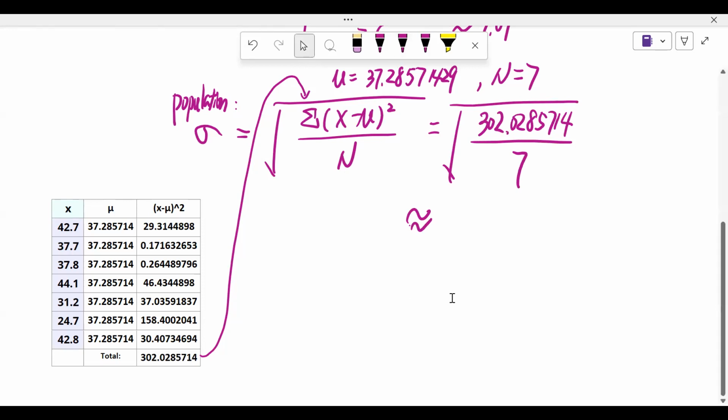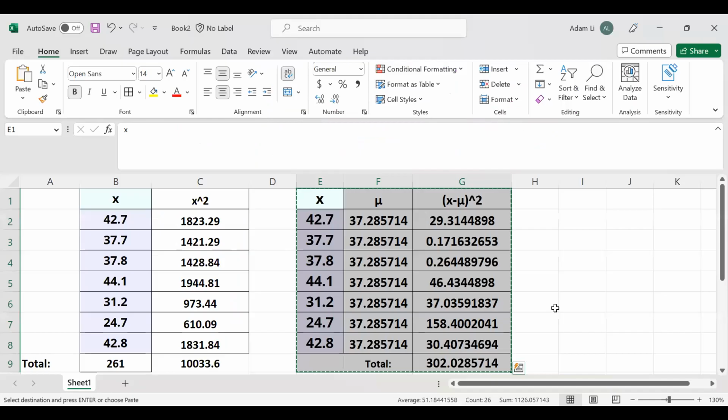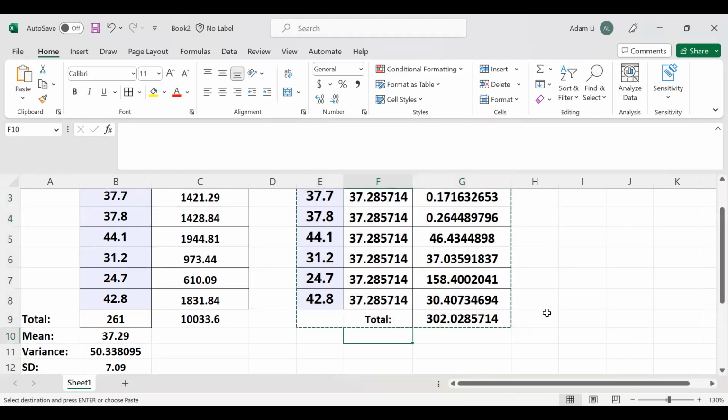Perfect. Another question: we don't have to take off whole numbers, staying with only two after the decimal point, like 302.03? No, you should keep as many decimals as possible, because if you round it, your answer will be slightly off.